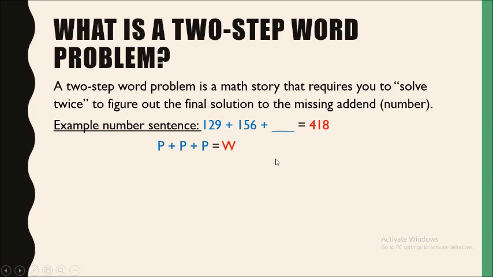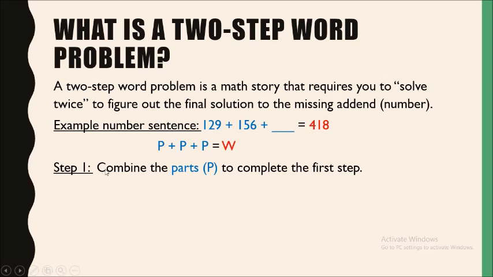The structure of this number sentence represents a part plus another part equals a whole or total. Looking at this, we can say that step one is to combine the parts to complete the first step. So the parts I see so far are 129 plus 156. That would be my first step.